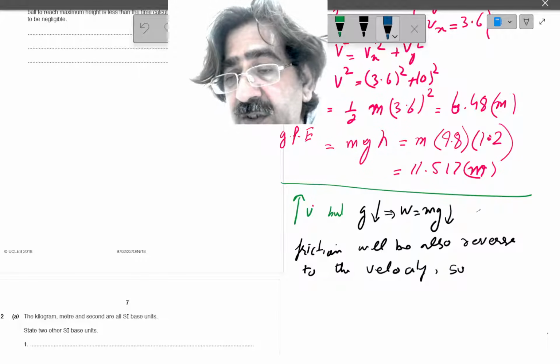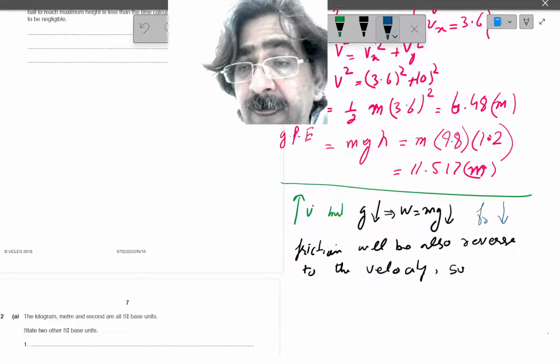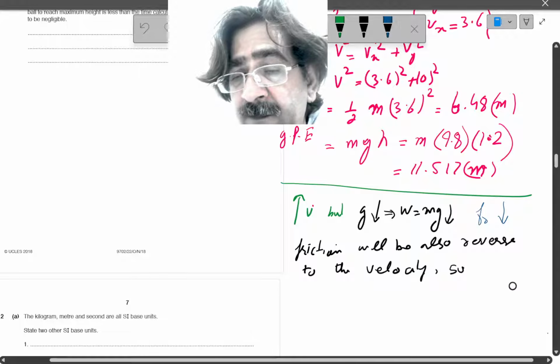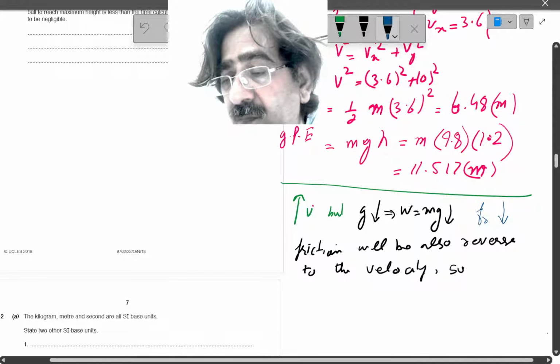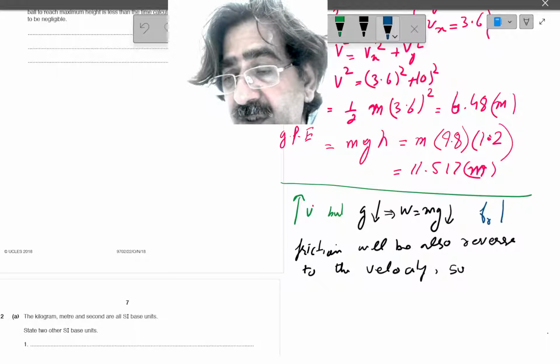It means the friction force will also be downward.